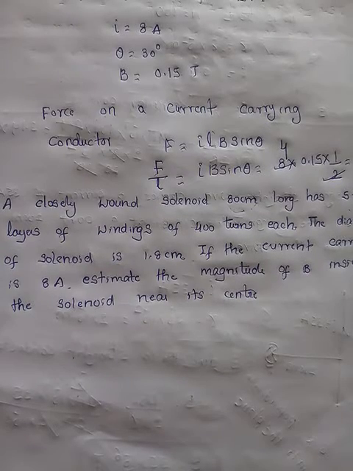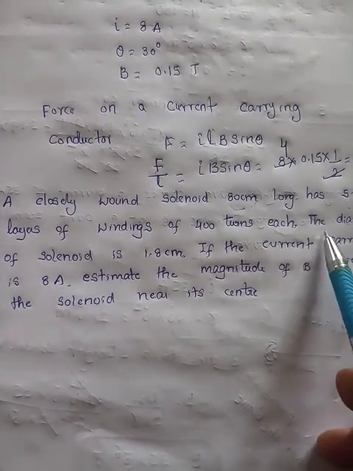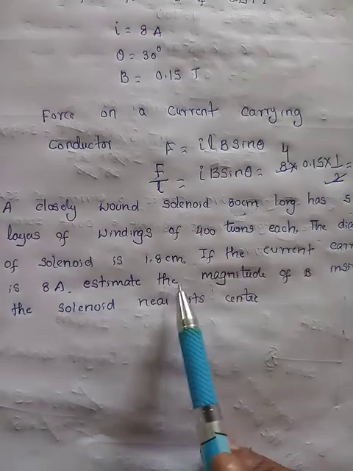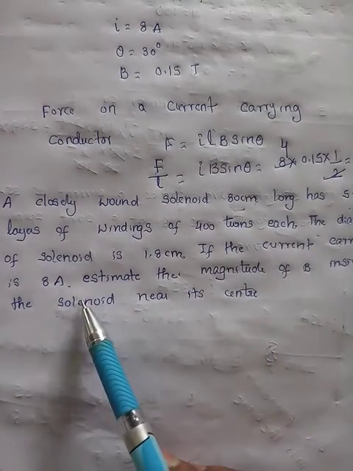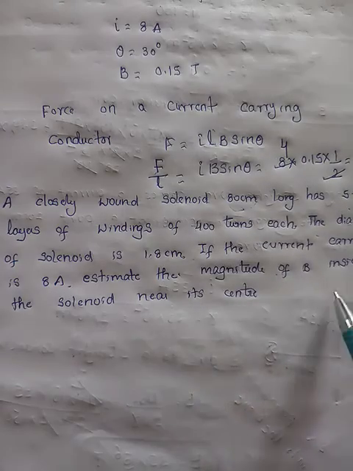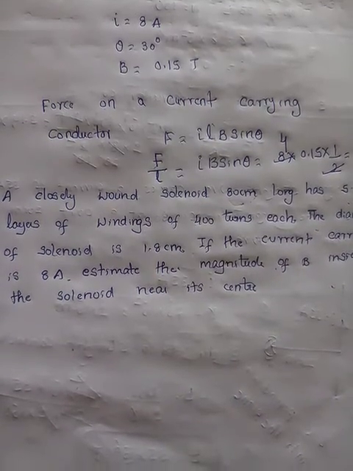So the number of turns in the solenoid is the number of layers into the number of turns in each layer. The diameter of the solenoid is 1.8 centimeters. If the current carried is 8 amperes, estimate the magnitude of magnetic field inside the solenoid near its center.